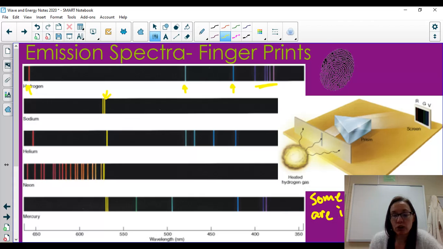They might be in the ultraviolet or in the infrared range or else. But notice how distinctly different these patterns are. So if we had an unknown sample and we wanted to know what elements were in it, if we do a test of their emission spectra, we might be able to identify which elements are present based on the known patterns of emission spectra that exist.